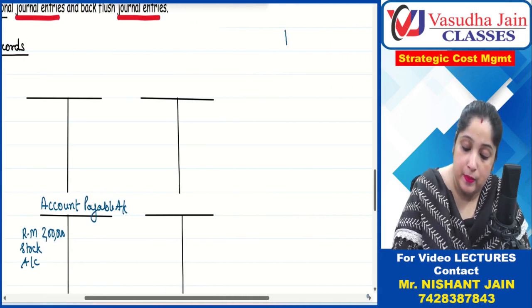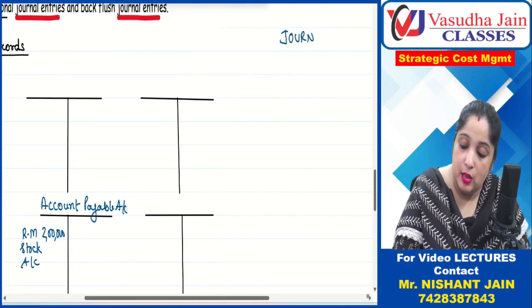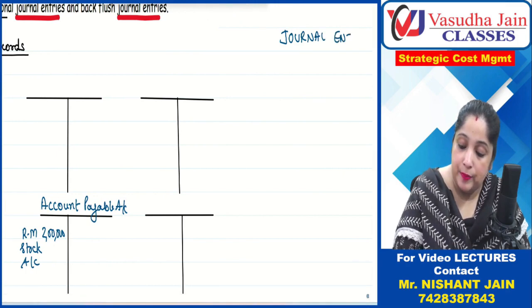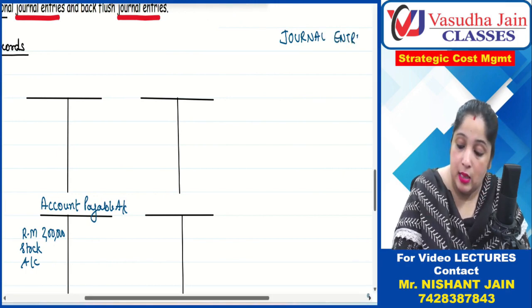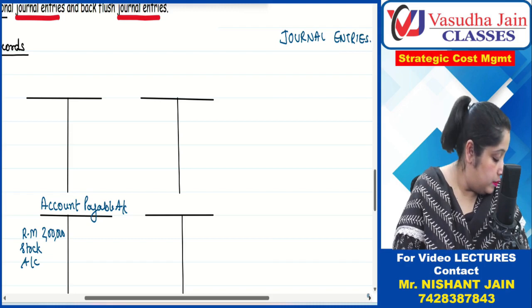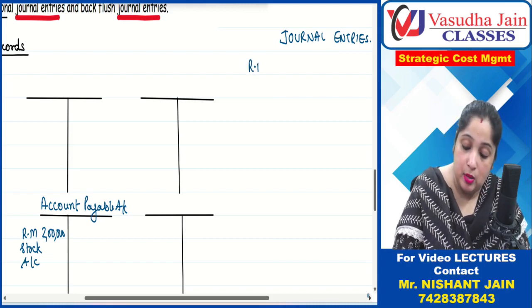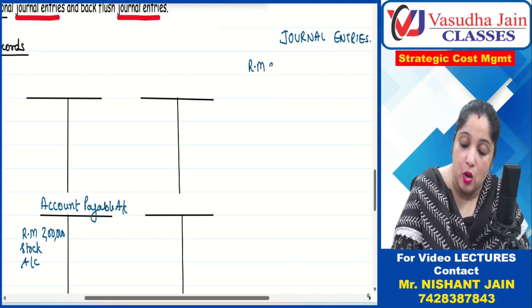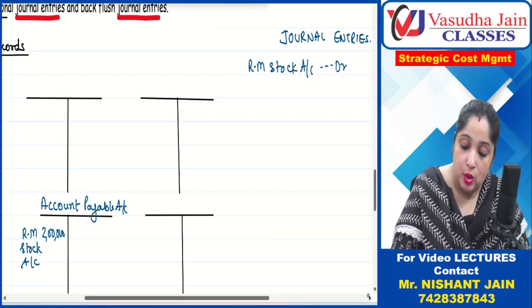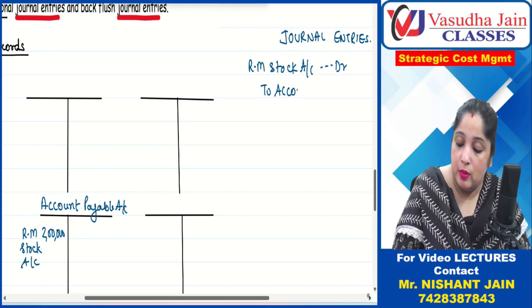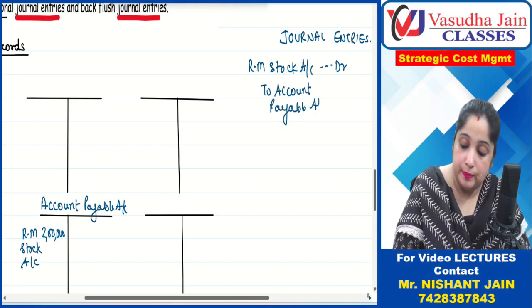If we write here, journal entries are going to be like this. And I hope you know journal entries. Below journal entries you are supposed to write the narration also. Raw material stock account, debit to accounts payable account.